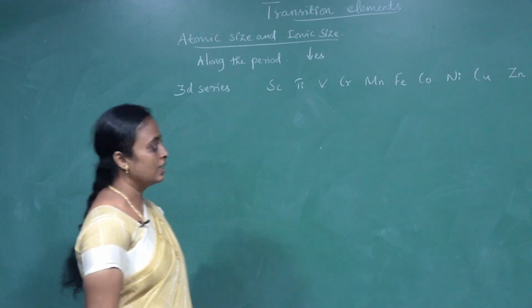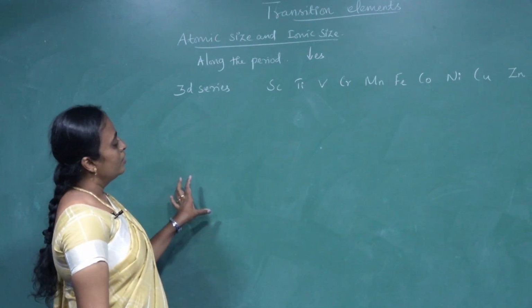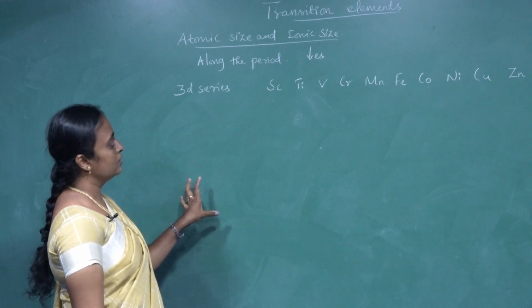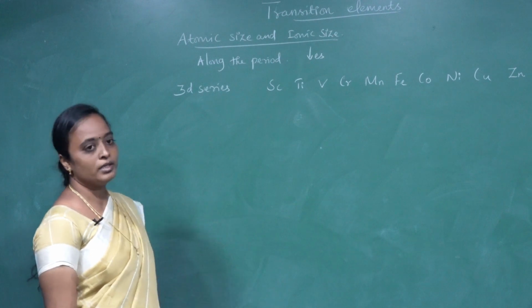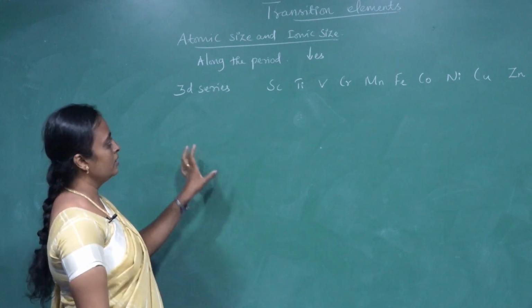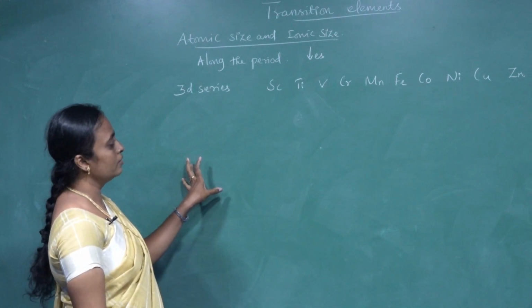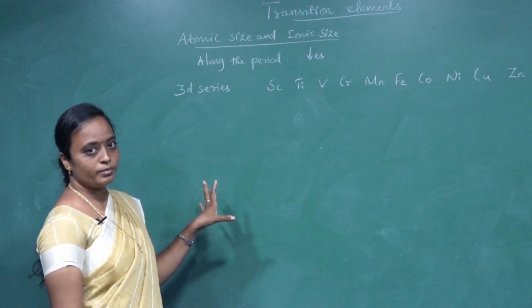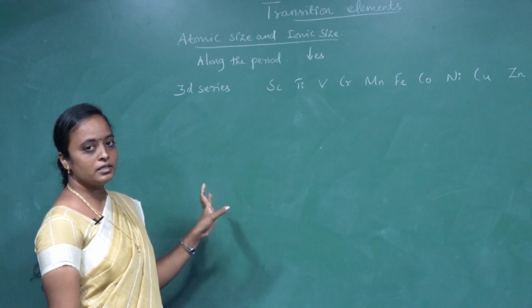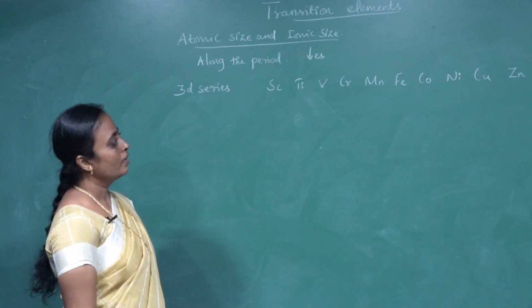The 3d transition series. Generally, along the period the atomic radii decrease because of the increased nuclear charge.